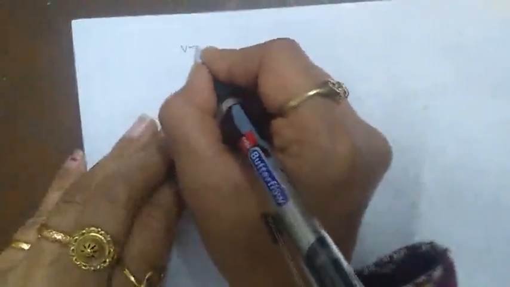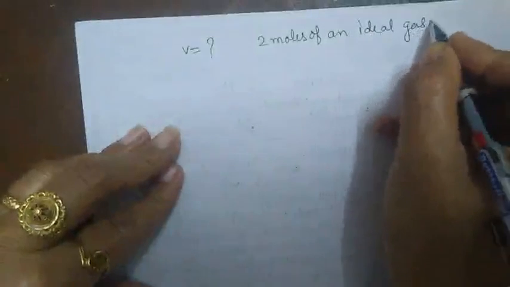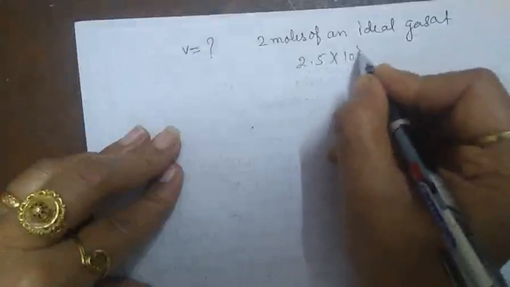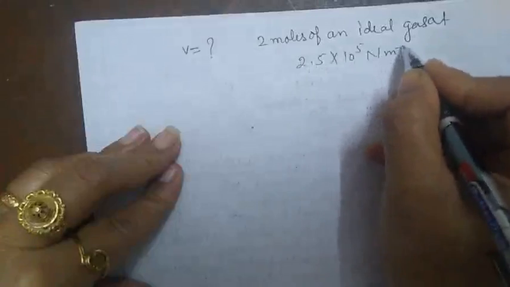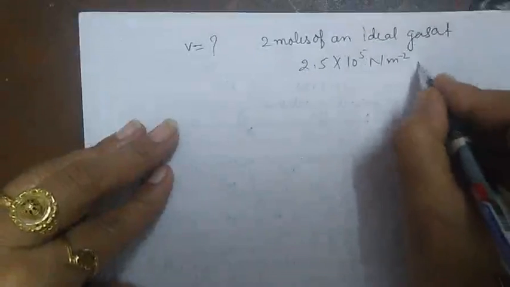For example, we have a numerical: calculate the volume, means we have to find the volume. Calculate the volume occupied by 2 moles of an ideal gas at 2.5 multiply 10 to the power 5 Newton per meter square pressure.